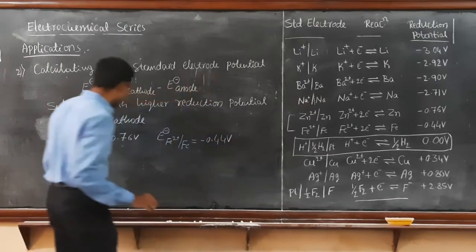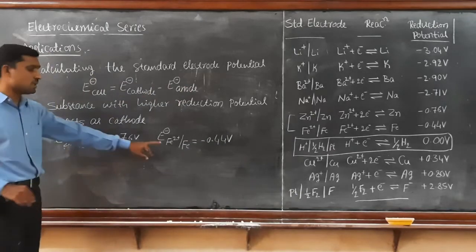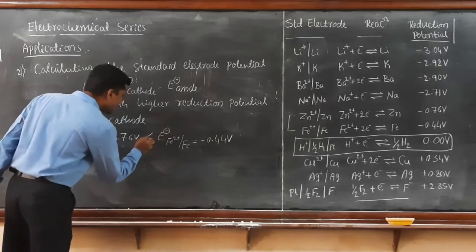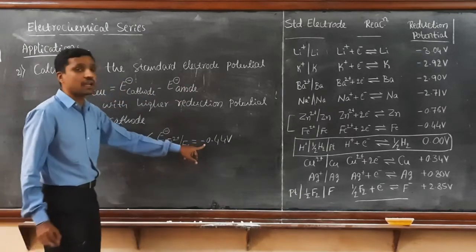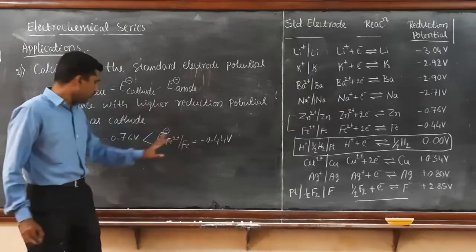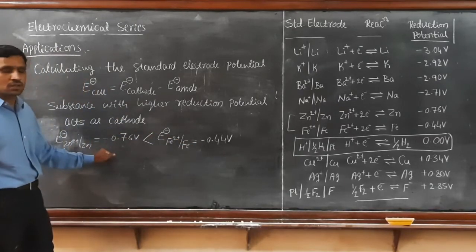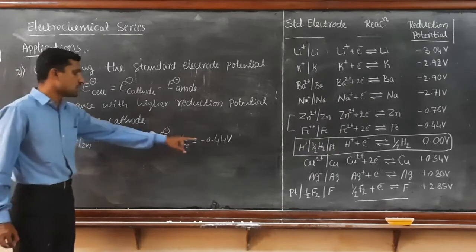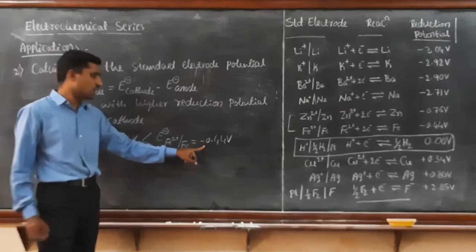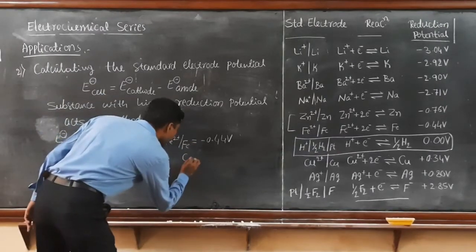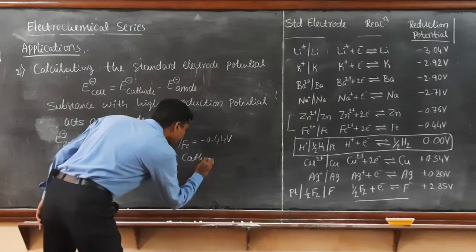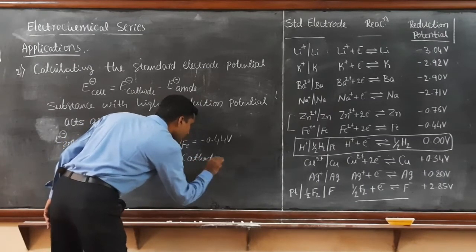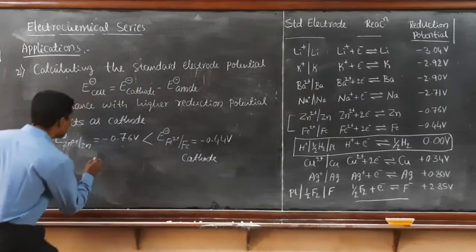Okay. So which one has the higher reduction potential in this case? Fe has the higher reduction potential because of that smaller negative value. Therefore this will act as the cathode, and this becomes the anode.